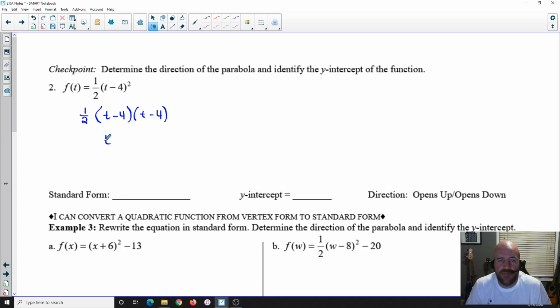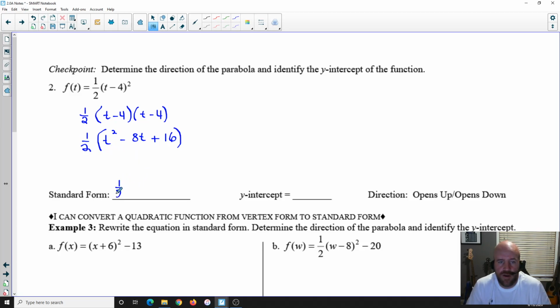So t times t, t times negative 4, and then negative 4 times t would give us a negative 8t. Negative 4 times negative 4 is a positive 16. And we have to multiply all this by 1/2. So the 1/2 distributes in.